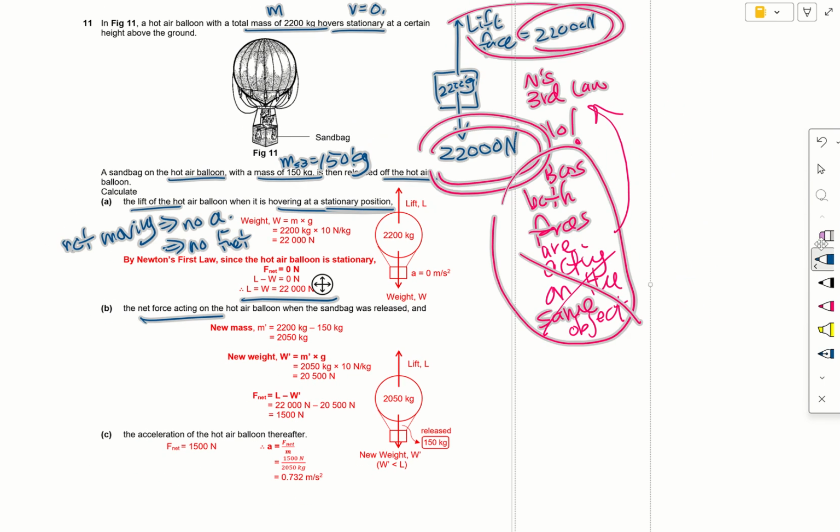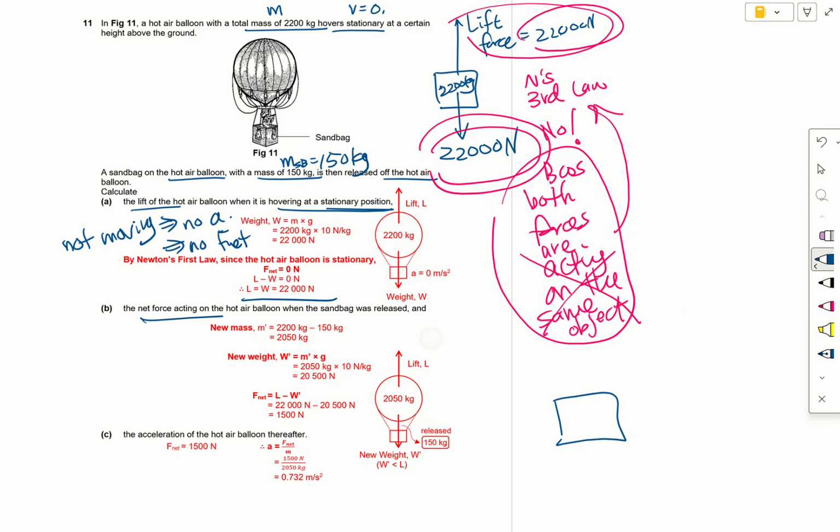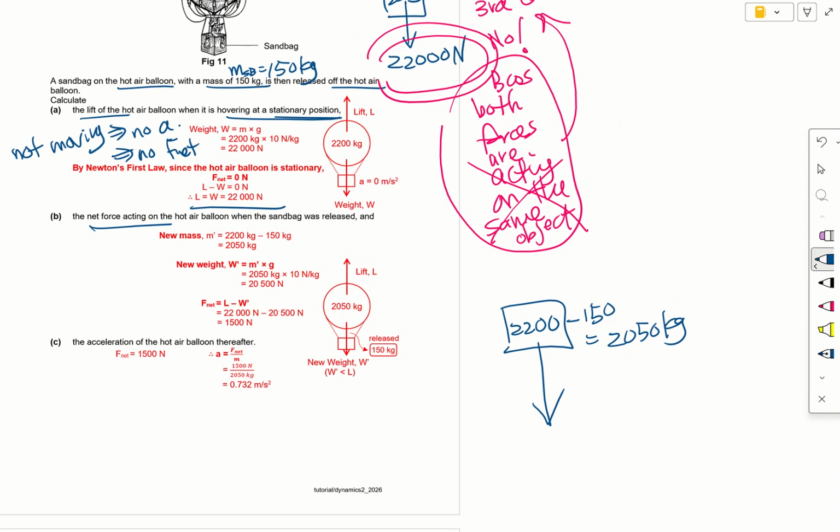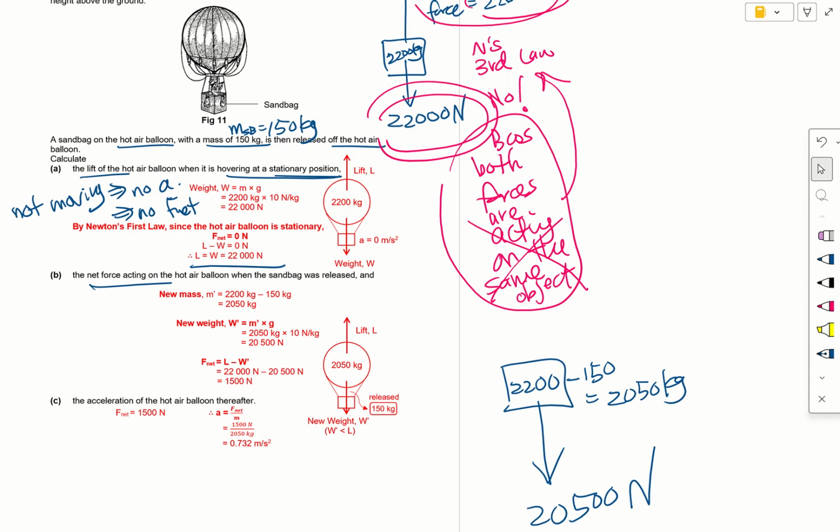Okay, so now, because I released the sandbag, 2200 minus 150 kg will then be equal to 2050 kg. So that means now the hot air balloon has a weight of 20500 Newton. But the lift is not affected by the sandbag.